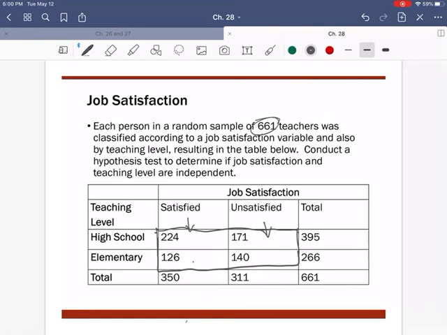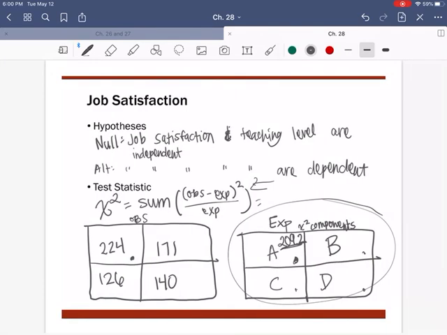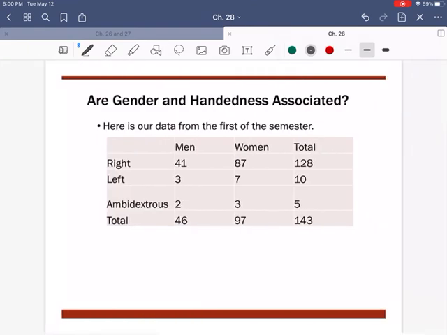And we can go back and look. There's a higher percent of high school teachers that are satisfied compared to unsatisfied, versus a smaller percent satisfied to unsatisfied for elementary. So if you're going to become a teacher, high school is where it's at.